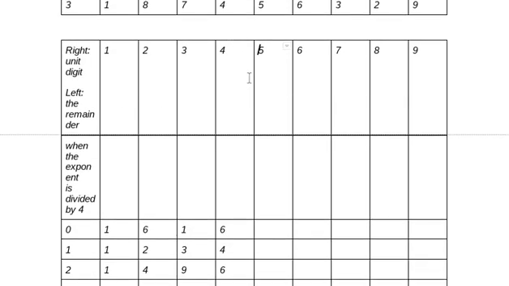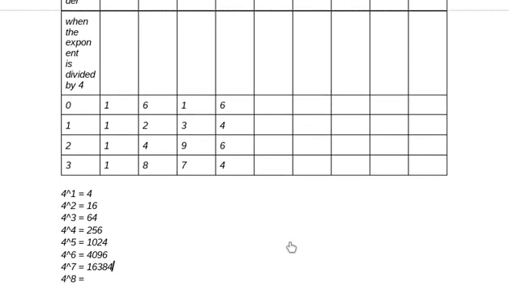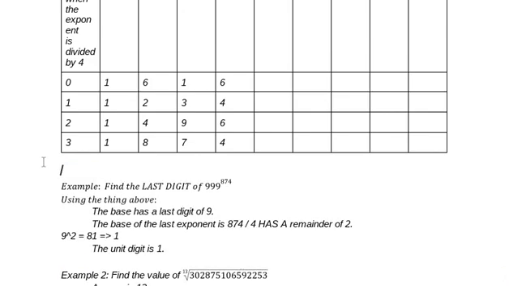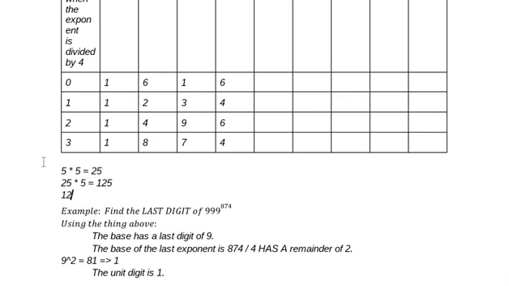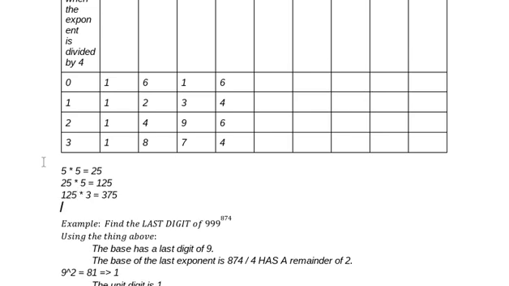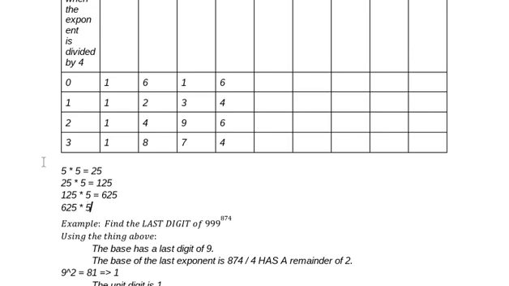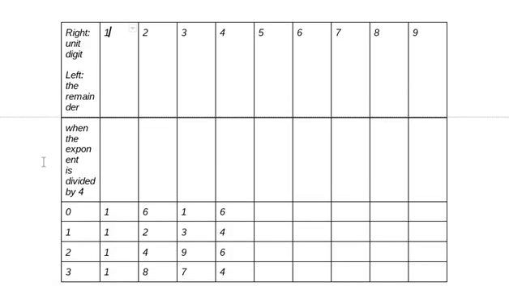For 5, it's relatively simple, because no matter how you times it, the last digit is always going to be 5, right? 5 times 5 is 25, 25 times 5 is 125, and so on. So it will be 5555.